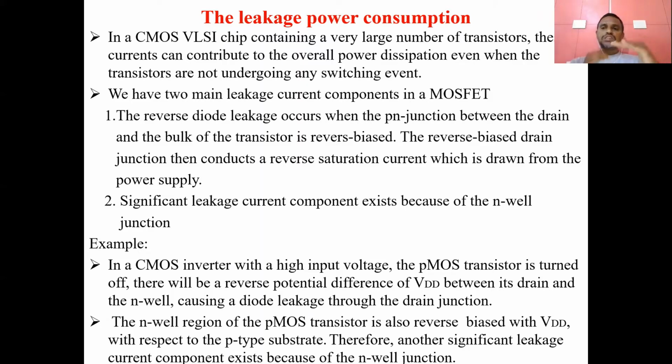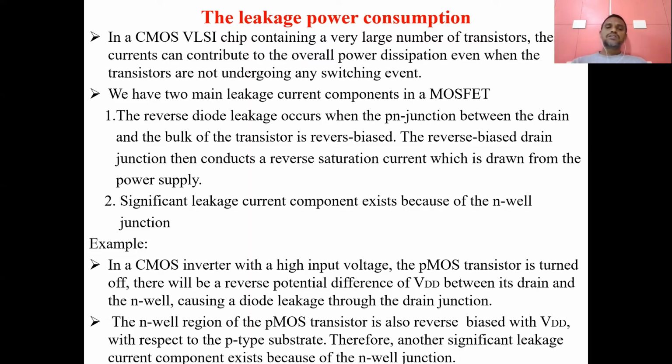Between the bulk, the P substrate, and the N type material, a junction is formed. Whenever those junctions are in reverse bias, there will automatically be a flow of current, the reverse saturation current. That current is called what?